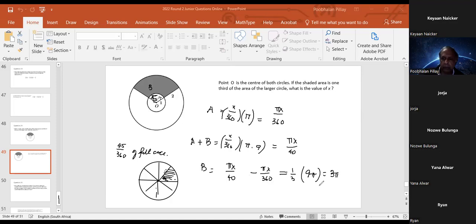So if you try to solve this equation, the common denominator is 360. I can multiply by 360 right throughout, and I get 9 pi x minus pi x, multiplying by 360. And here you got 360 times 3 pi.